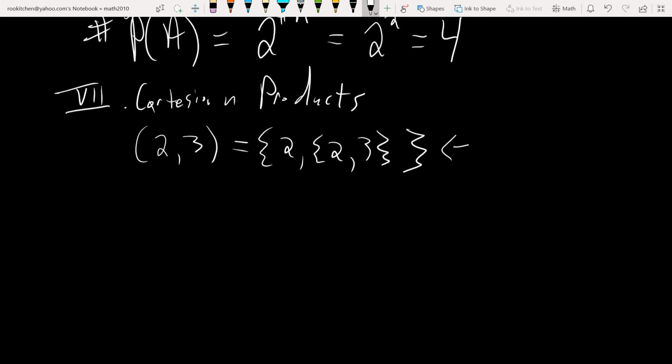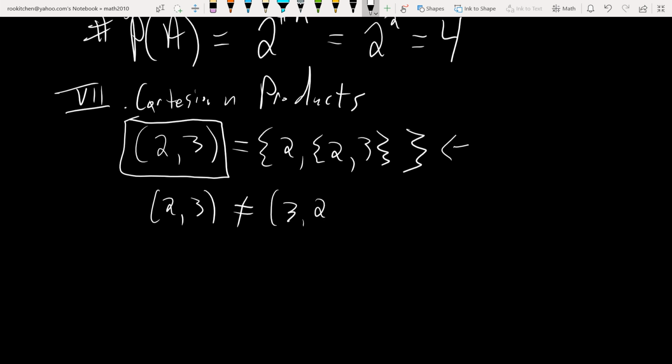So in the construction of ordered pairs, you'll have to go through that kind of construction, and eventually you'll just settle on this notation for ordered pairs, where (2, 3) is not the same as (3, 2). That's kind of what I'm getting at. So the ordered pair (2, 3) is not the same as (3, 2). Okay, that's not true in sets, right?